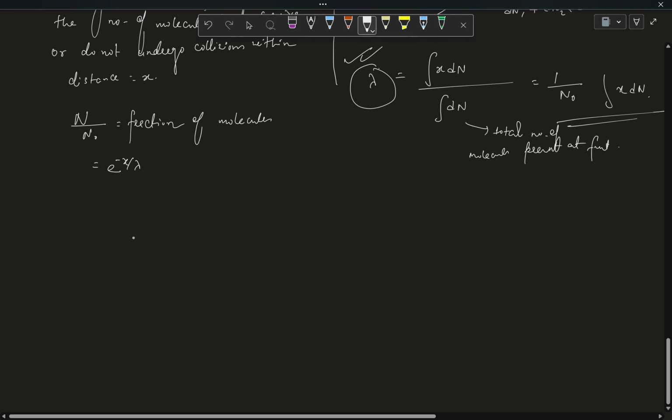Roughly you can say that this fraction of molecules has a free path length of at least x, because up to x distance they have not undergone any collision. After that, if there are collisions, they will knock some molecules off from n, but till x distance this n number of molecules has not gone through any collisions, or they are not knocked off from that total group of particles, right?